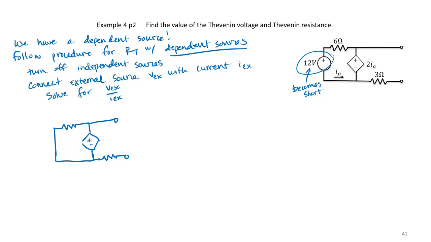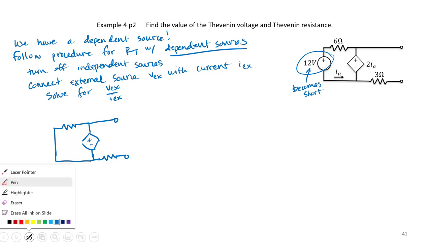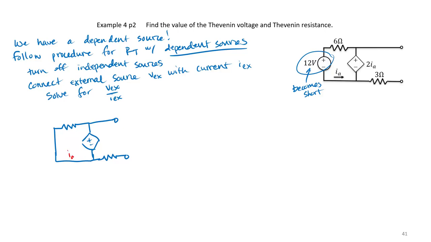So here I'm going to rewrite my IA as IA prime. And that is because we took away this voltage source, so IA is no longer going to be the same IA as before.